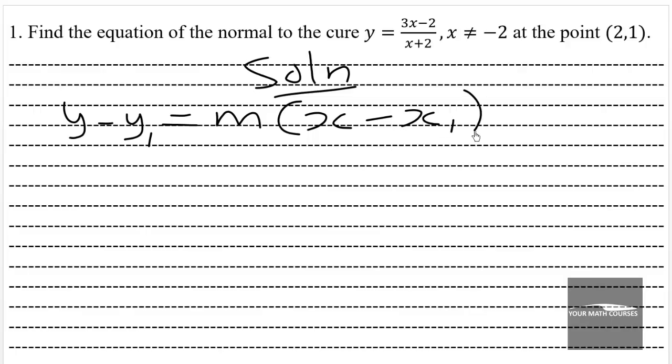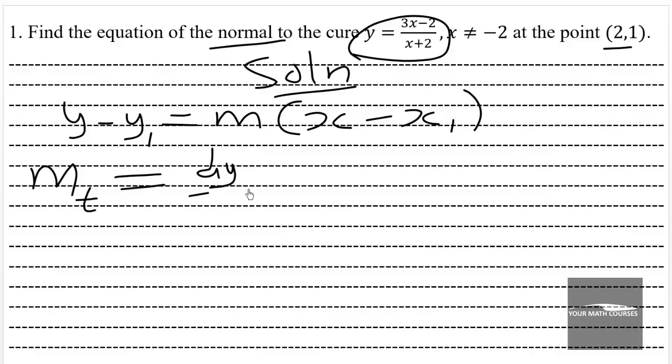So first we have to determine the gradient of the tangent to this curve at this point. Then we can find the negative reciprocal to get the gradient of the normal. So the gradient of the tangent, m sub t, should be equal to dy/dx at x equals 2.